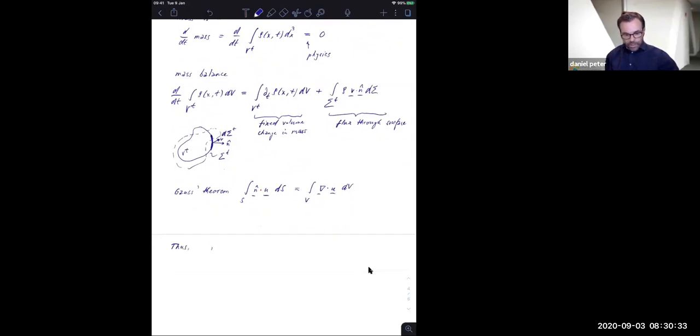What we can write is our surface integral here of density times V dot n. We can write this as a volume integral of the divergence of this quantity rho times V.